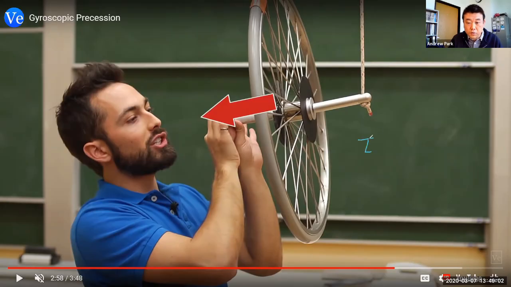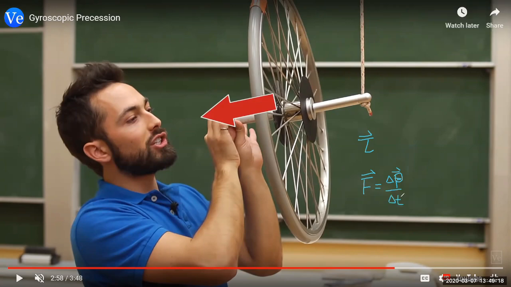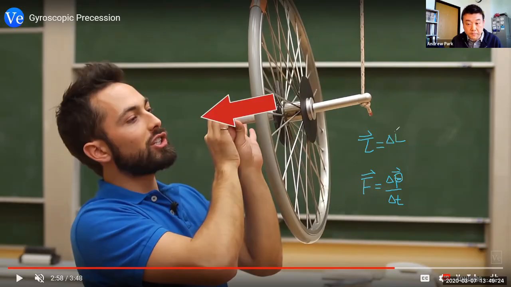We had this from chapter 6, I think: force is the rate of change of momentum. I think we covered that much. In a similar way, torque is the rate of change of angular momentum.